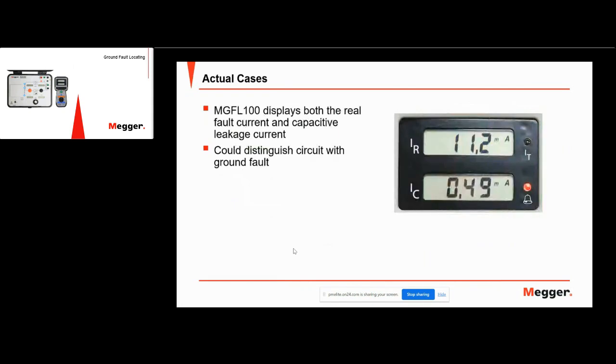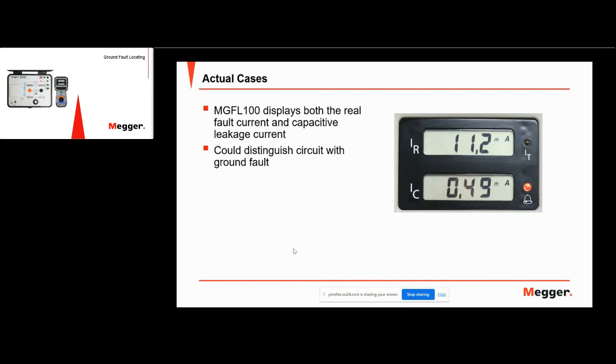And again, this is where this method basically saved the day for us, because we were able to isolate and locate the line that had the very low current on it, the real active current that was going to the fault. So we could distinguish the current that was going just to leakage capacitance and the current going to the fault.